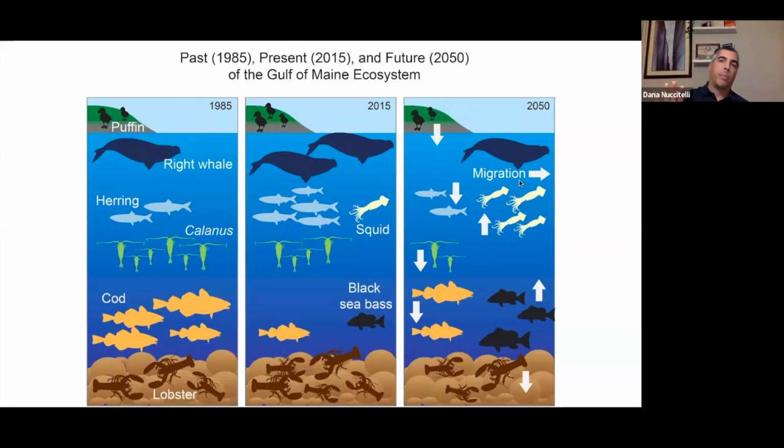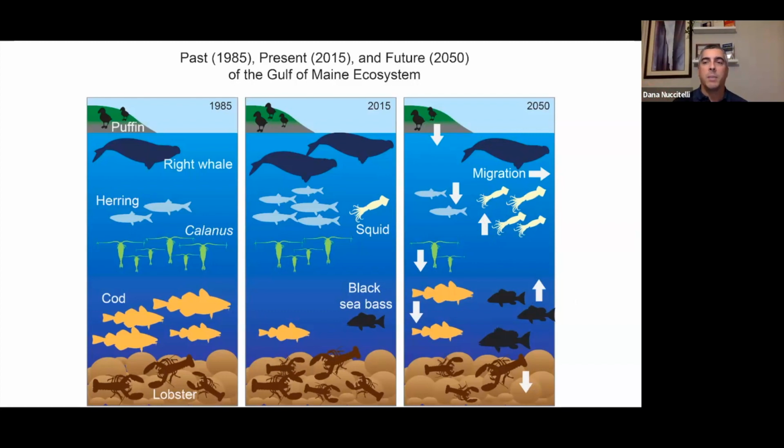Right whales are going to migrate more out of the Gulf of Maine. We're going to see more squid and black sea bass because those are populations that are more accustomed to temperate, warmer water. And so those will kind of move in to fill in where these other species are moving out.